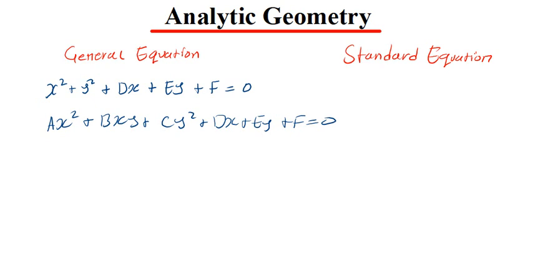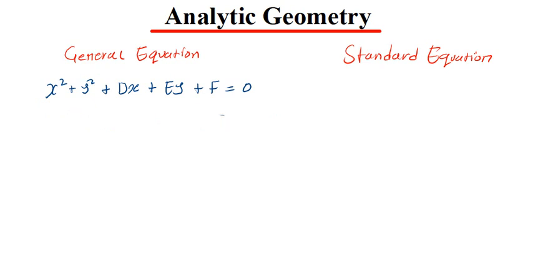And you understand that when you start talking about rotation of axis of conic sections. So what we have right here is a general equation of a conic section. That's the general equation. Then the standard equation of the circle, to be specific, is given in this form.